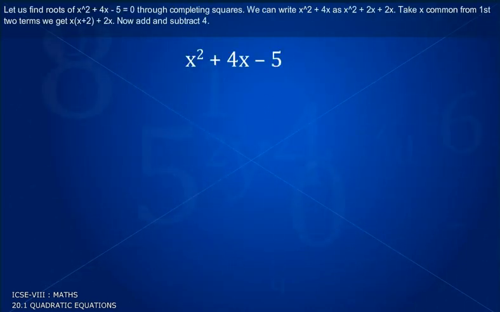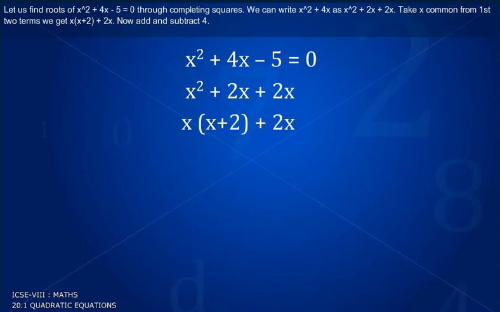Let us find the roots of x square plus 4x minus 5 is equal to 0. Through completing squares, we can write x square plus 4x as x square plus 2x plus 2x. Take x common from first two terms, we get x into bracket (x plus 2) plus 2x.